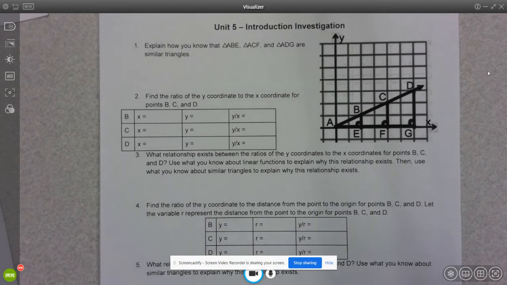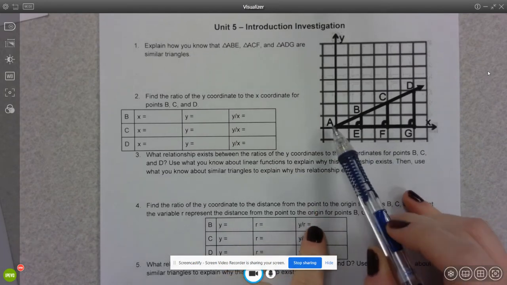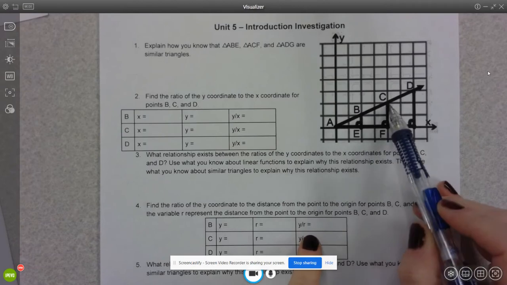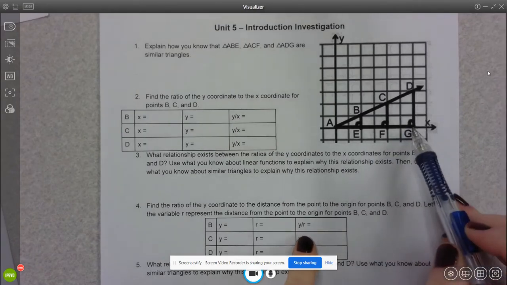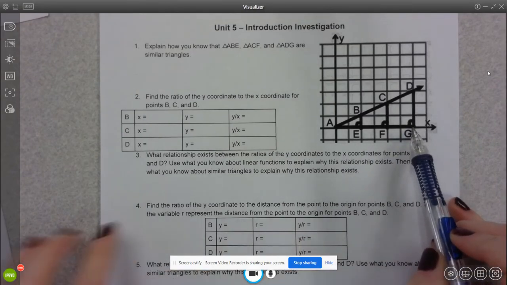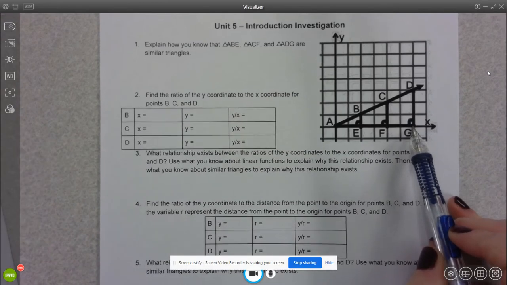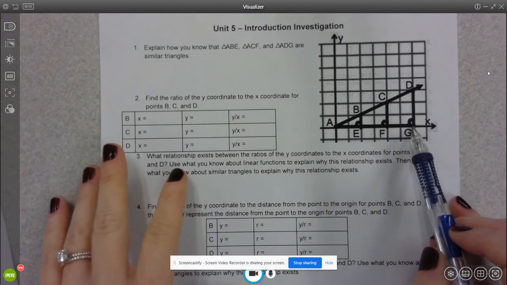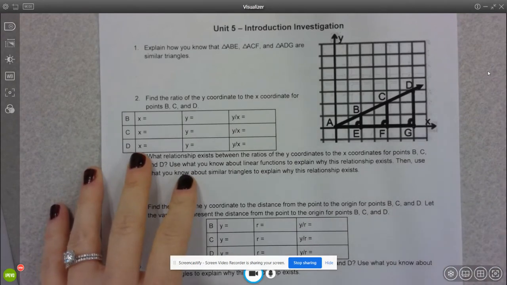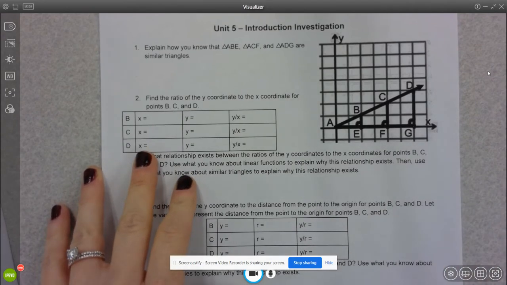So looking at these three triangles, ABE, ACF, and ADG, our first question is to explain just how we know they're similar. Well, since I haven't done anything with sides yet, I'm going to just look at the angles.